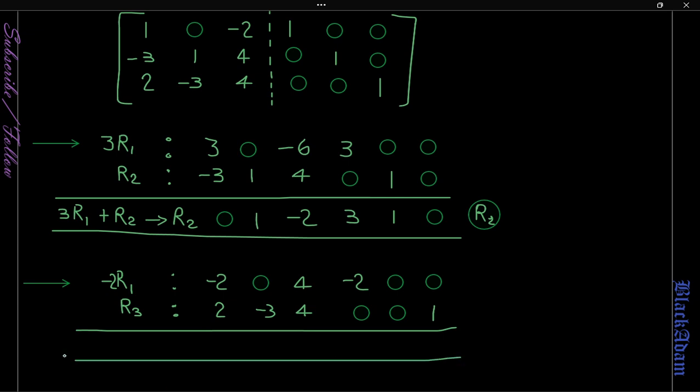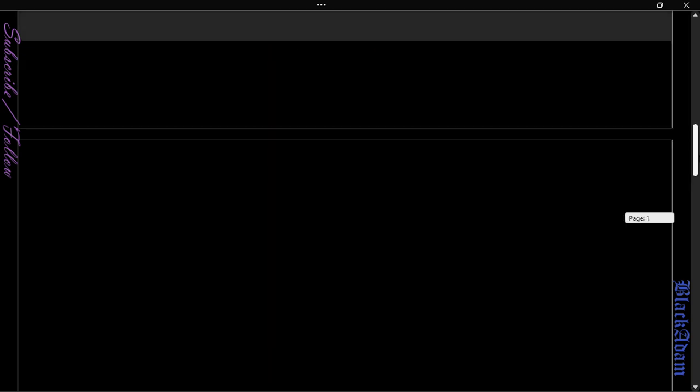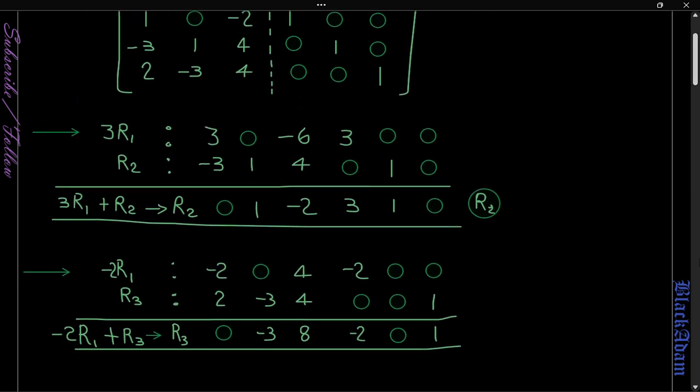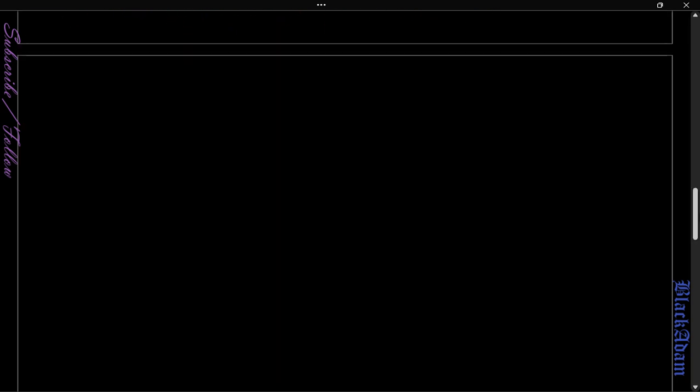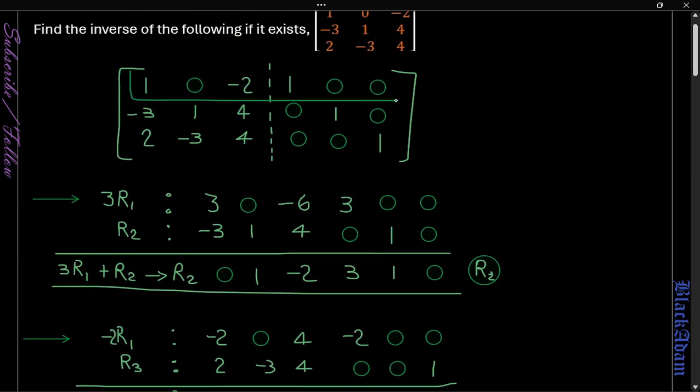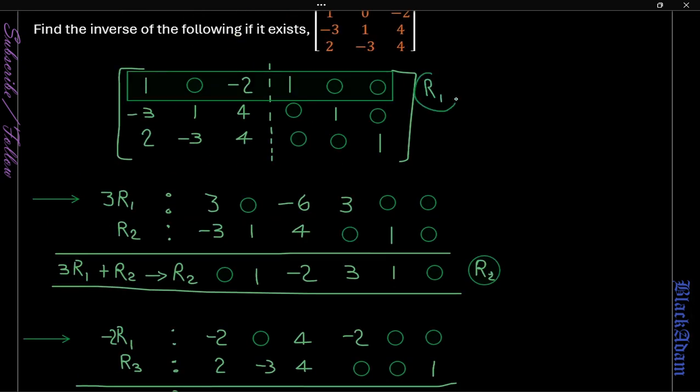That's -2 times row 1 plus row 3, and all of that we put on row 3. That's going to be 0 -3 8 -2 0 and 1. So all of that will be on row 3.